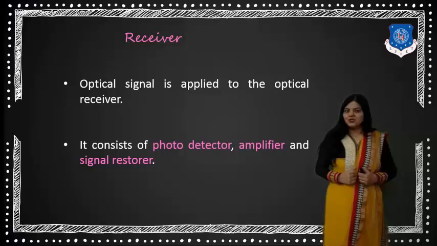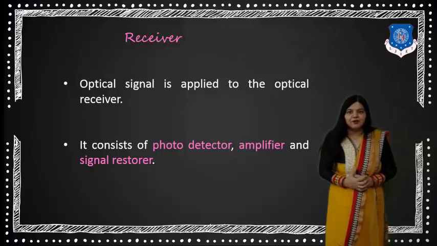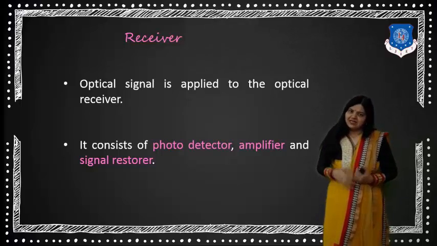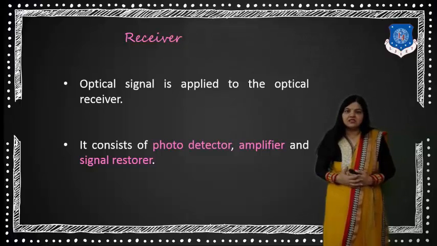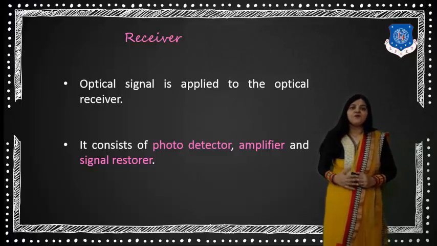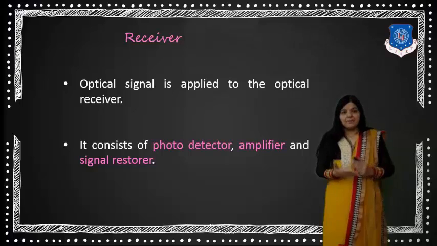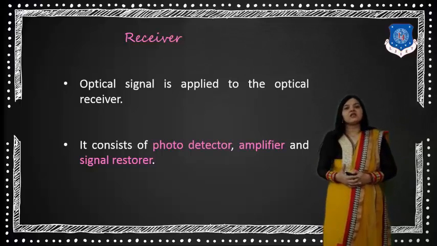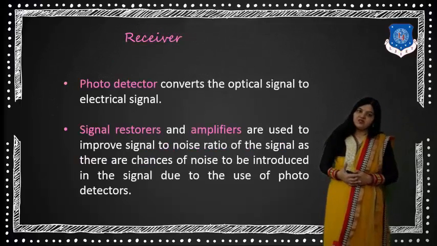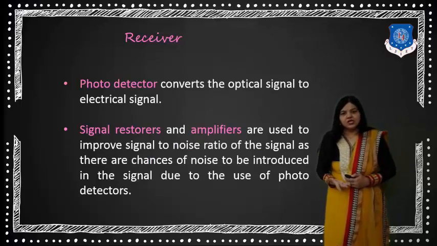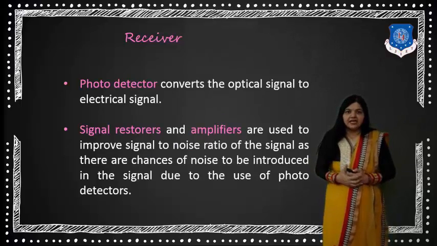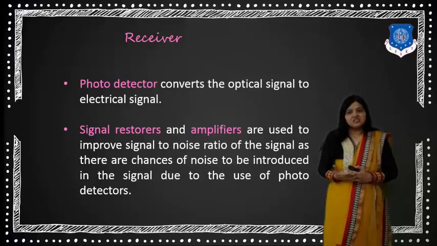What is the last portion? The optical receiver. The optical signal is received by the optical receiver, which consists of the photodetector, amplifier and the signal restorer. What is the photodetector? It converts the optical light into the electrical signal.